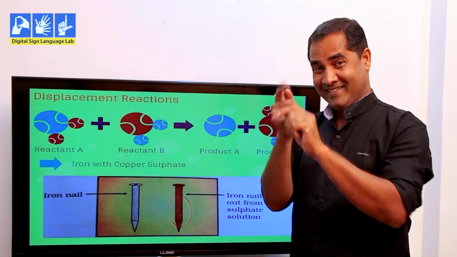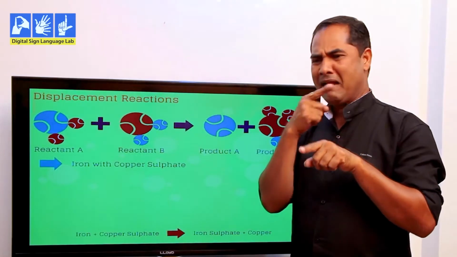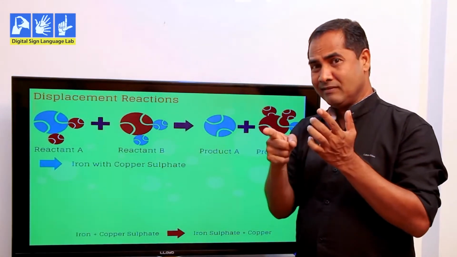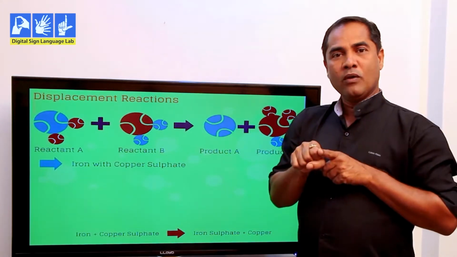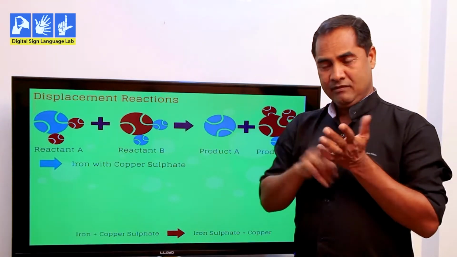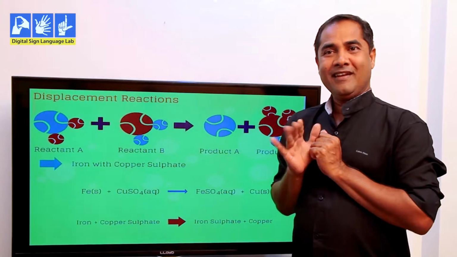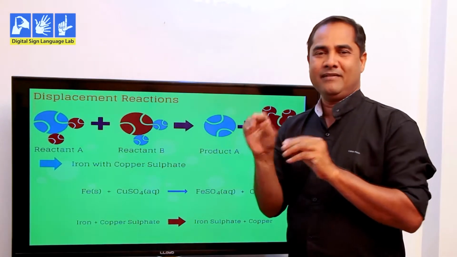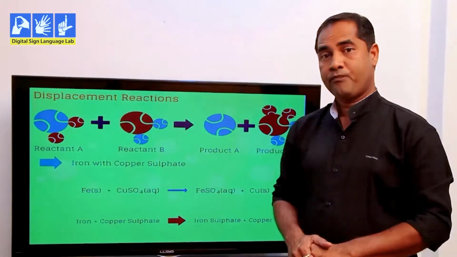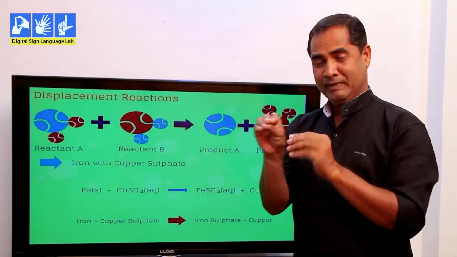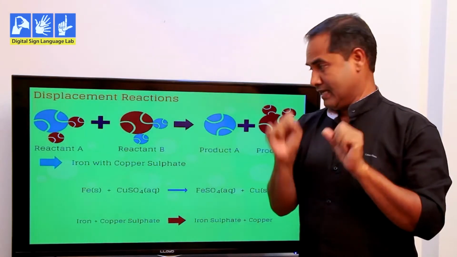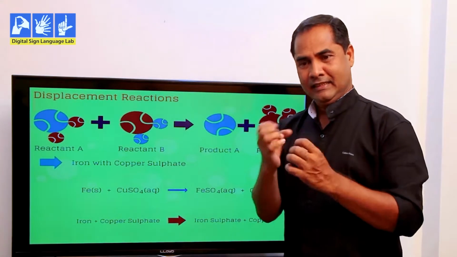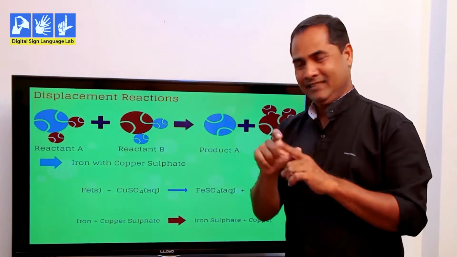And the iron nail also changes color because of the displacement reaction. Now we'll see the equation for this reaction, that is iron or Fe.